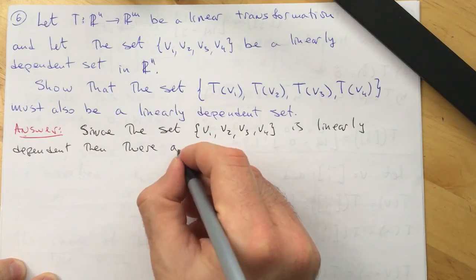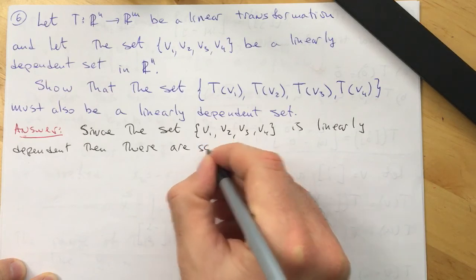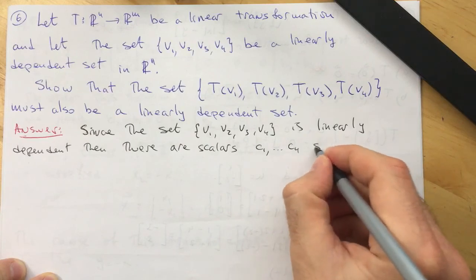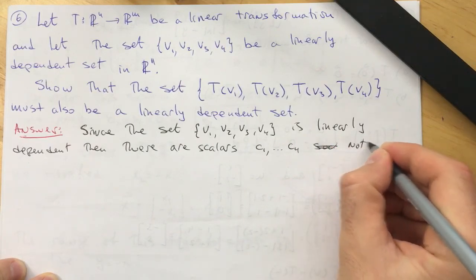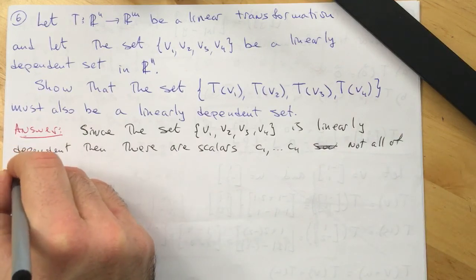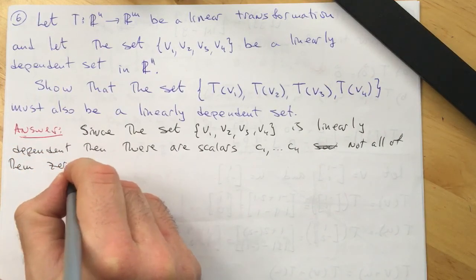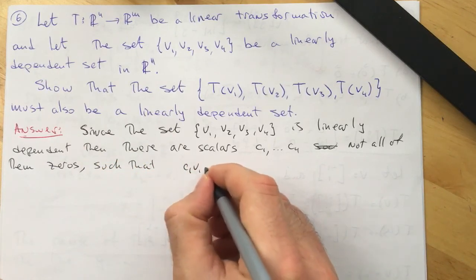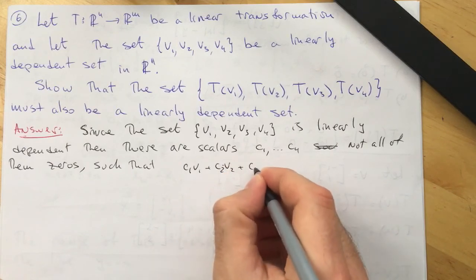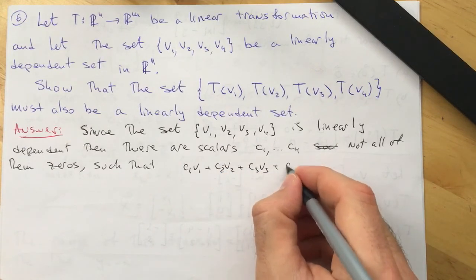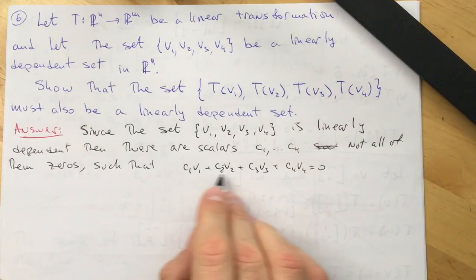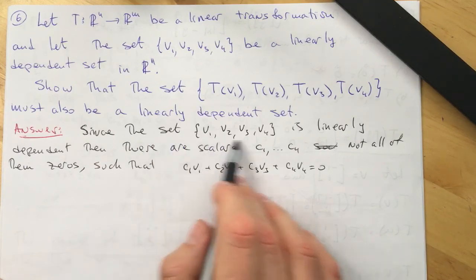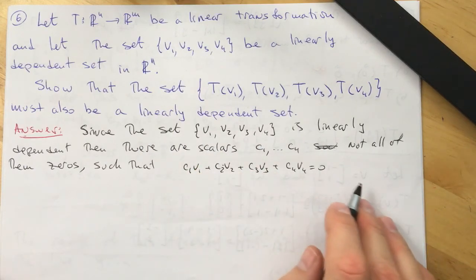There are scalars C1 through C4, not all of them 0, such that C1 V1 plus C2 V2 plus C3 V3 plus C4 V4 is equal to 0. This is nothing else but the definition of a linearly dependent set. This is given, this set is linearly dependent. I write just what does that mean.